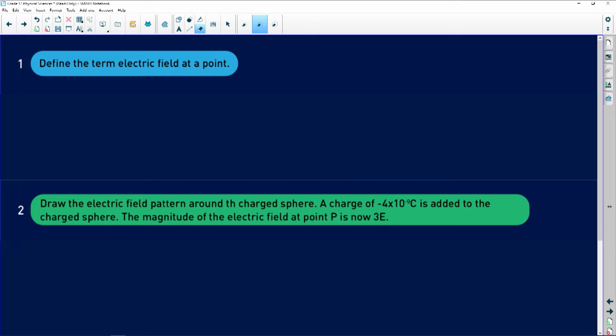Once again, that is just your definition. The electric field at a point is really just the electrostatic force that is being experienced by a positive unit charge.